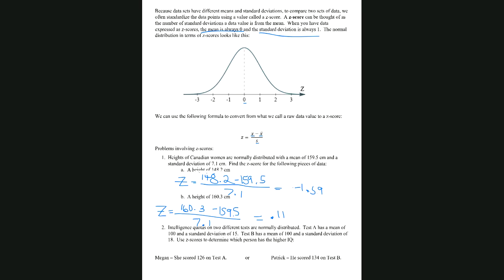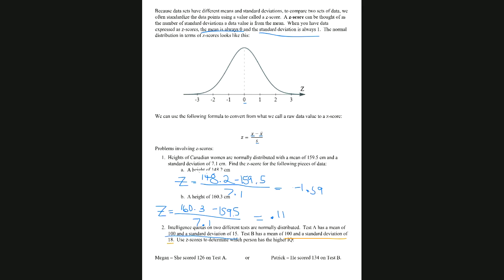All right. It said intelligence quotients on 2 different tests are normally distributed. Test A has a mean of 100 and a standard deviation of 15, and test B has a mean of 100 and a standard deviation of 18.